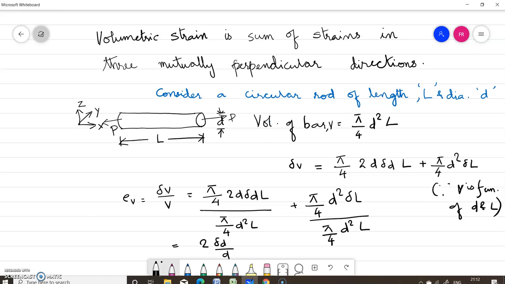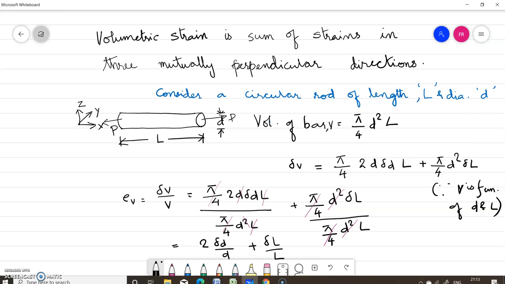So pi by 4 will cancel, d square and d will cancel. You'll get 2d into L and L will also cancel, 2d by d. Now here pi by 4 will cancel, d square and d square will cancel. So this becomes plus delta L divided by L.